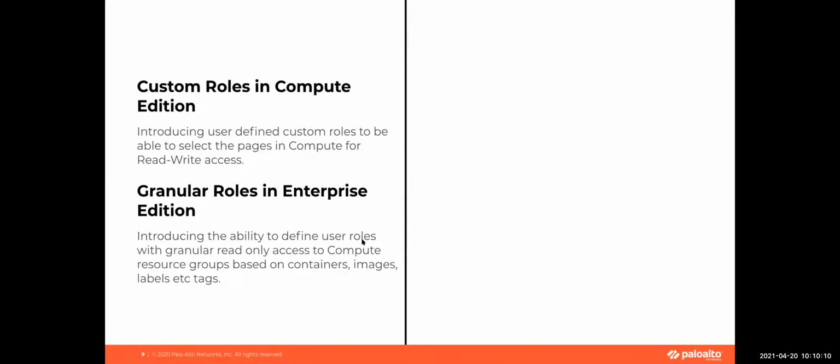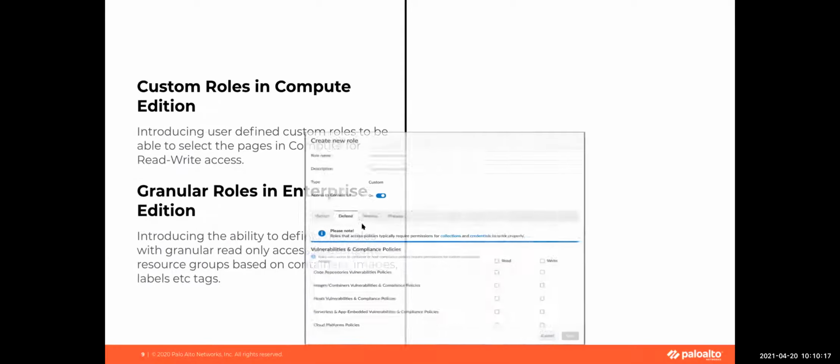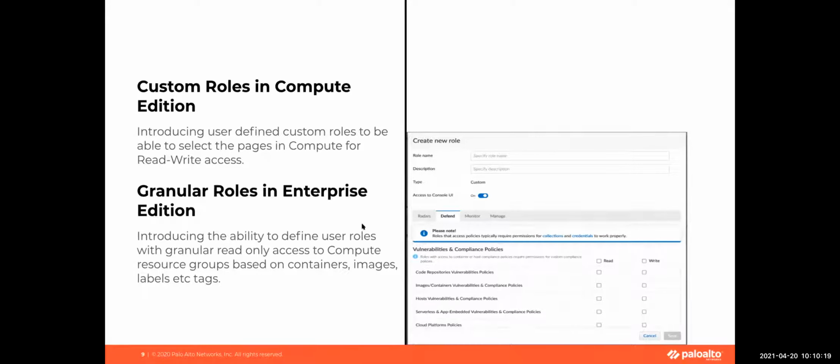I want to talk about custom roles in different editions. To start with, I'd like to talk about what we're introducing in Compute Edition. For self-hosted Compute Console, you will have the ability to create your own roles outside of the out-of-box roles like administrator, DevSecOps, auditor that we already have in the product.